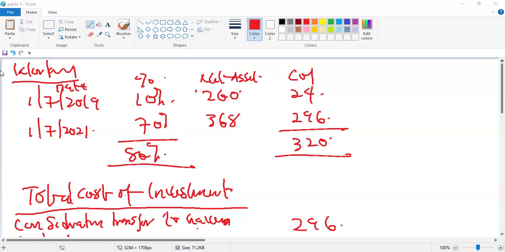He now acquires an additional 30% to have control, for 2.2. 2.5 plus 2.2 gives us 4.7, recorded. He recorded it at cost, not at carrying amount.